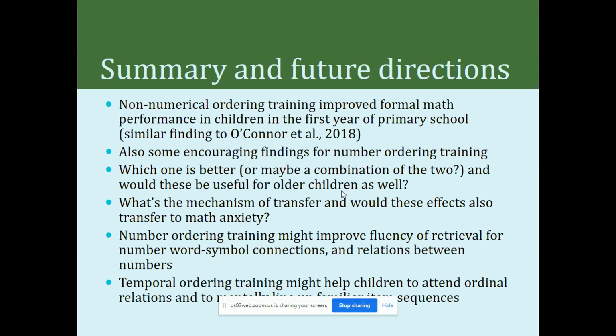And also because at this young age, between 4 and 5 years of age, children still struggle a little bit with the number ordering task, I would say. So it could be an explanation that this ability to represent the order of familiar items or familiar sequences could be some kind of scaffolding to developing a similar representation for numbers as well.